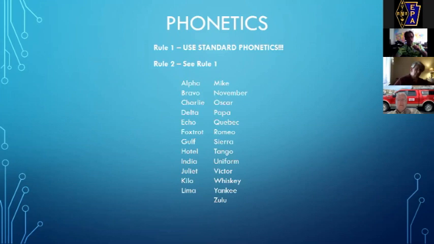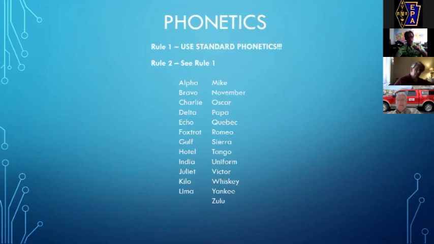Learn them and use them if you're not using them already, but avoid making up your own phonetics. The problem with making up your own is it makes the net control stop and think. And if you're passing traffic, making up your own phonetics for words that you have to spell makes it really difficult for the person that's trying to write down the message that you're sending.